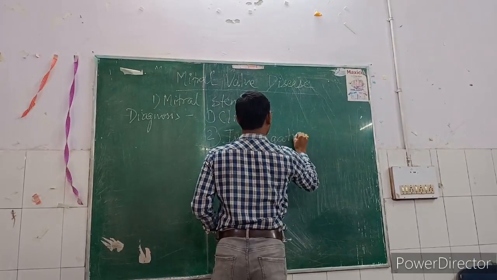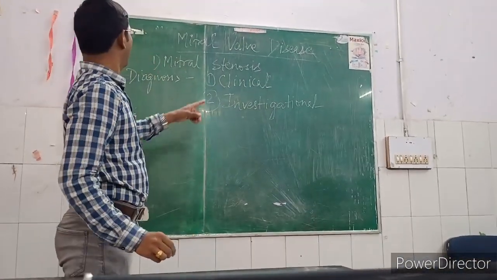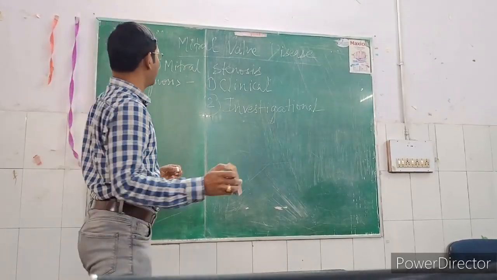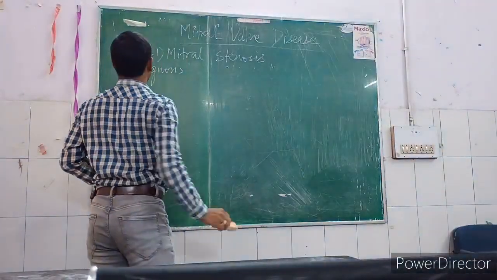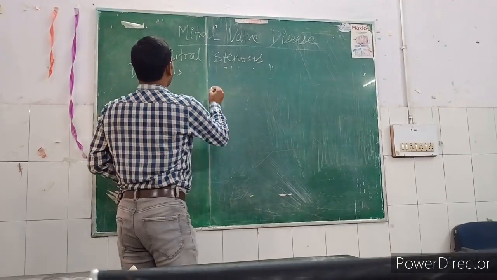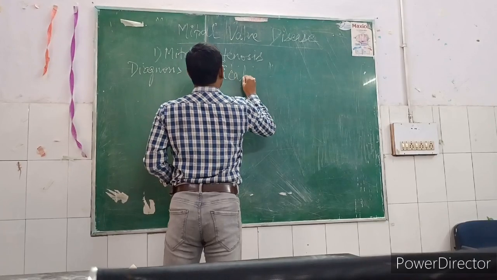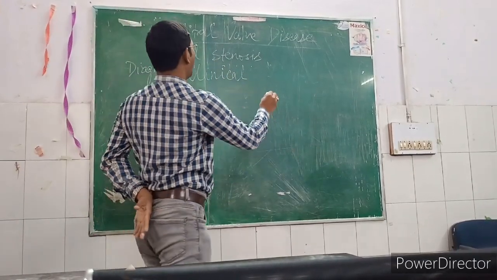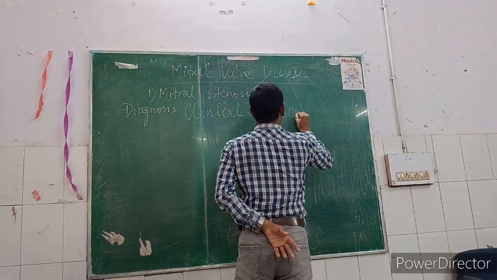Now coming to the first one, clinical diagnosis of mitral stenosis. How we do it with the help of our clinical knowledge. Clinical means what we do practically. For all practical purposes, clinical diagnosis of mitral stenosis is equal to auscultation.